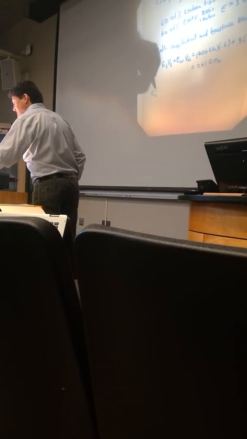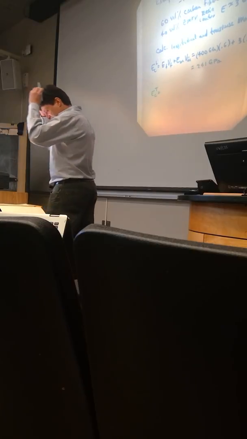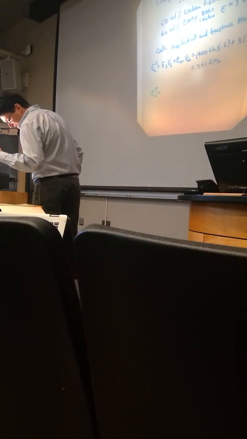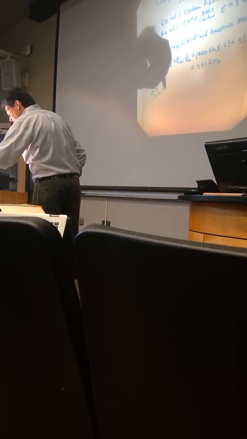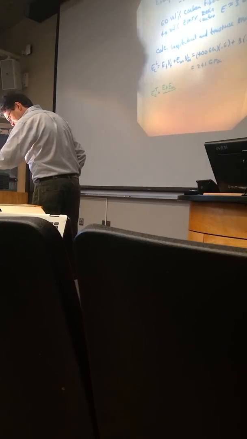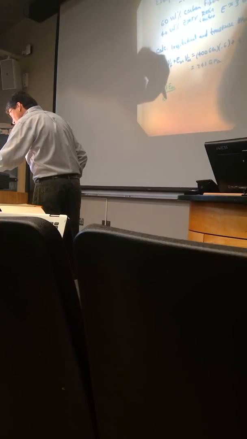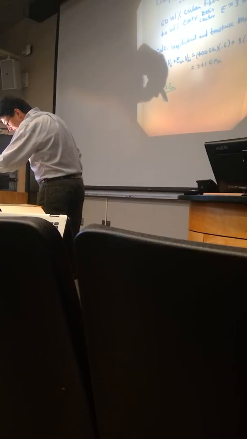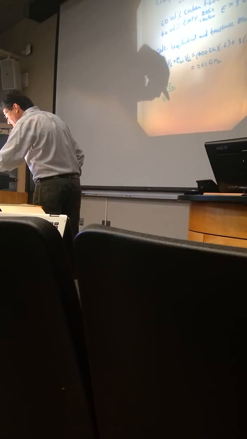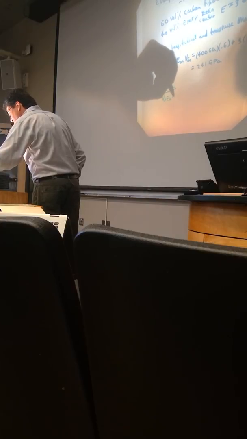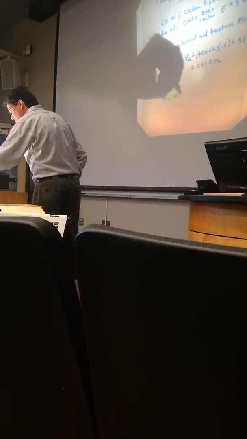Okay, so that's the same thing for E composite transverse. Use the other equation we came up with: E of fiber times E of matrix, divided by volume fraction matrix times E of fiber plus volume fraction fiber times E of matrix.